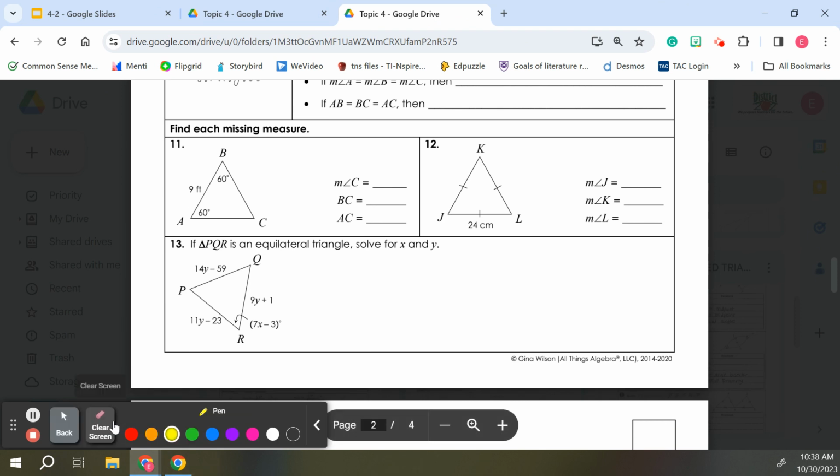So number 11, we have 60 degrees here, 60 degrees here. That means angle C is also 60 degrees. Nothing different. And since all those angles are equiangular, that means all the sides are equilateral. So BC will also be 9 feet and AC will be 9 feet.